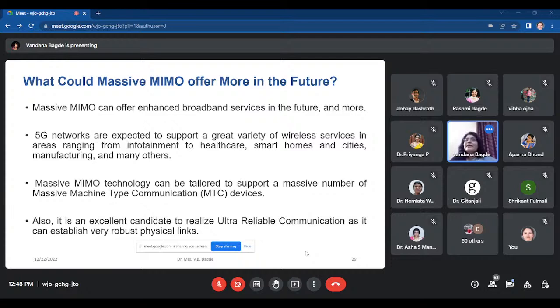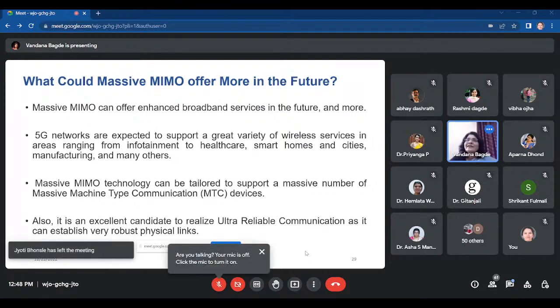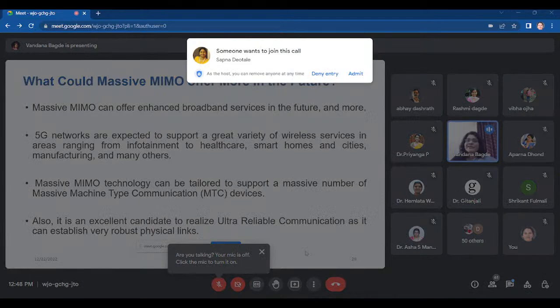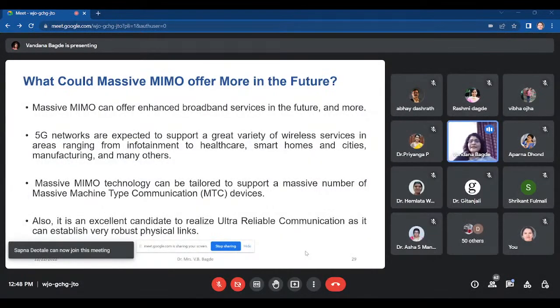Do we know whether the students have really performed the experiment, or were simply standing and copying the readings? So the mode of transmission and reception in the wireless scenario plays a very, very important role. And then there is ultra reliable communication, where we can establish a very robust physical link.